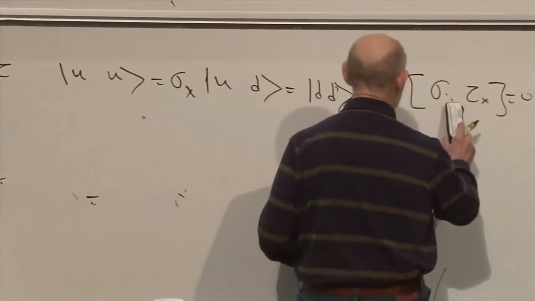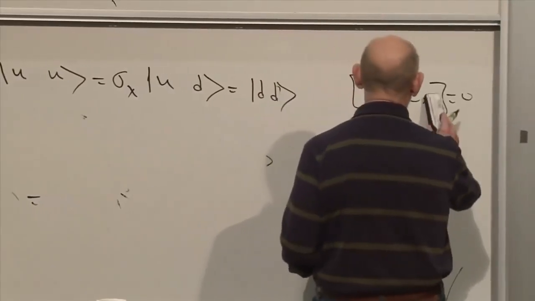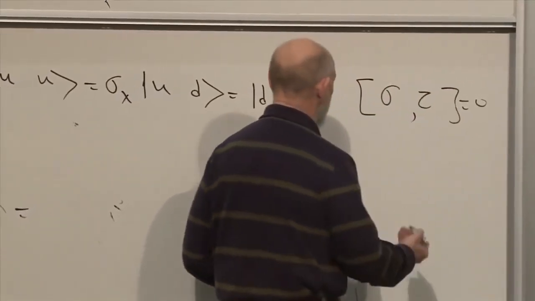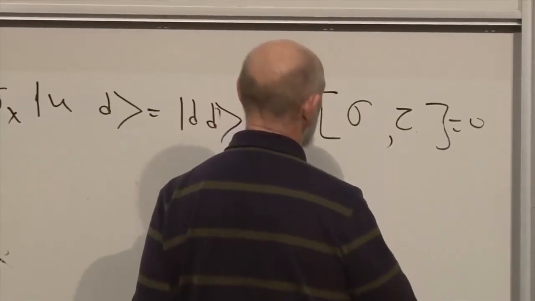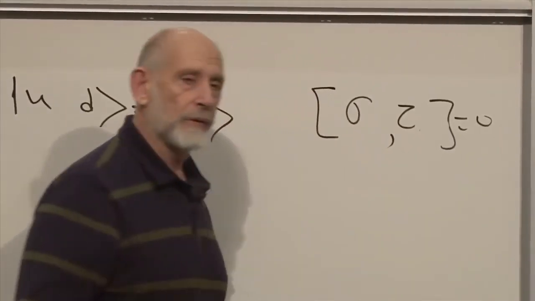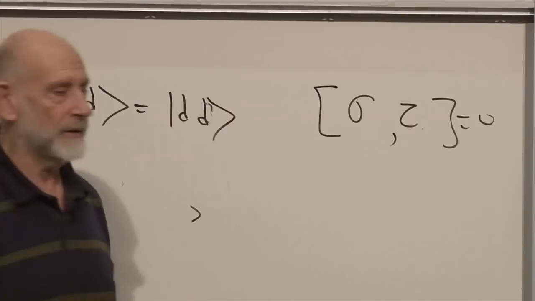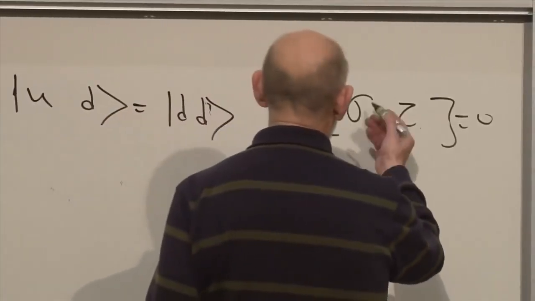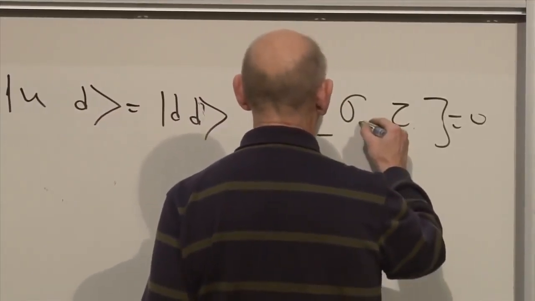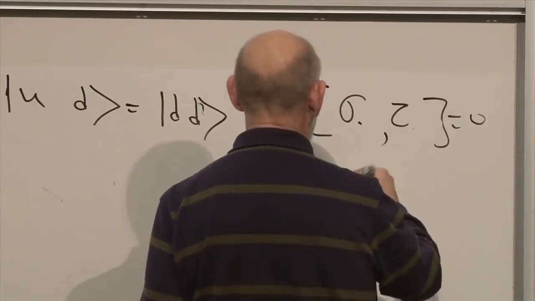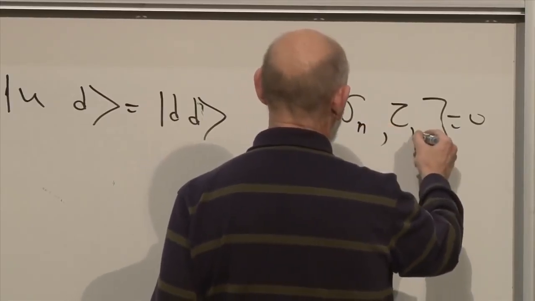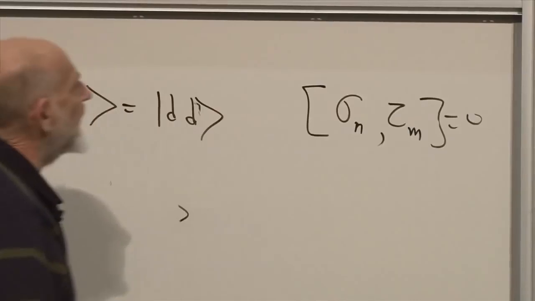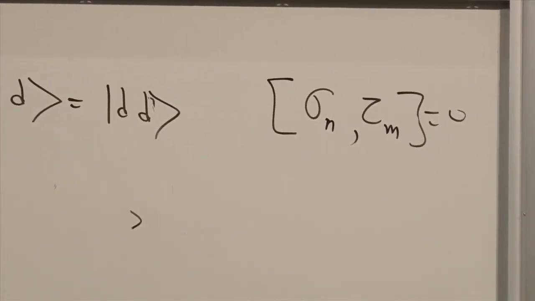All right, so we can say sigma n and tau m, for any n and m, they commute. I don't want to call the index I, since we've already used I for something.